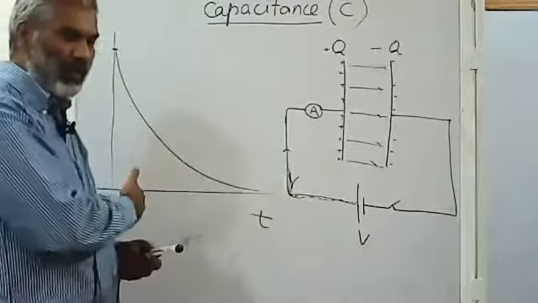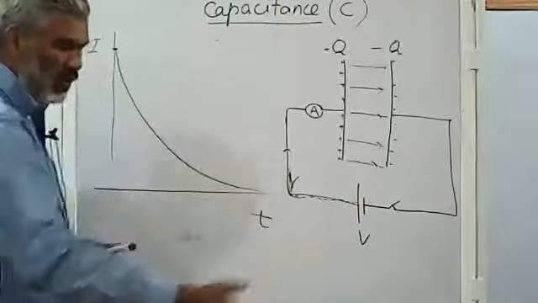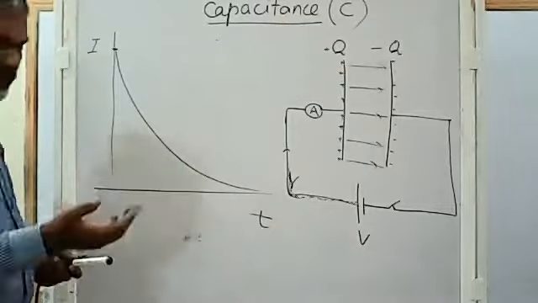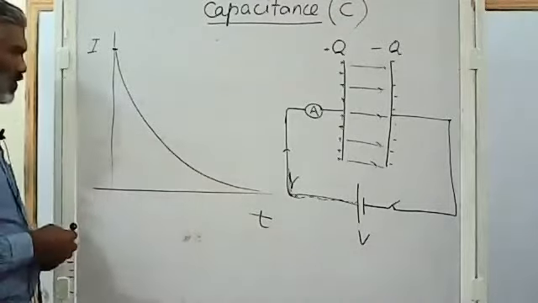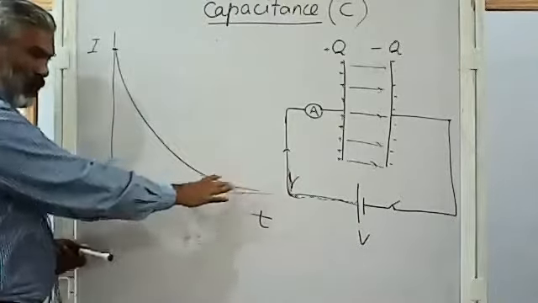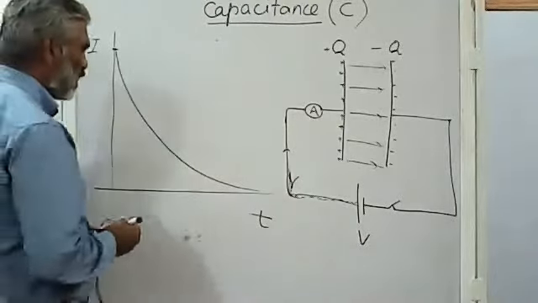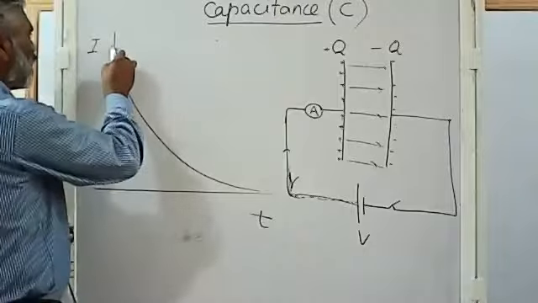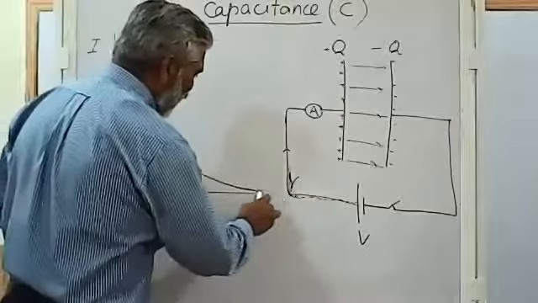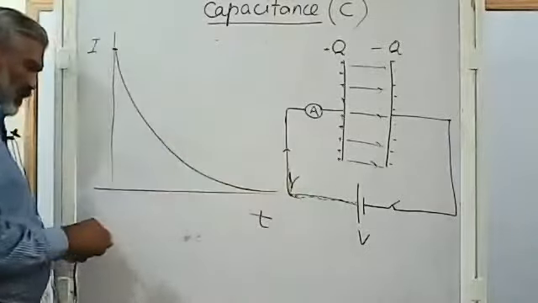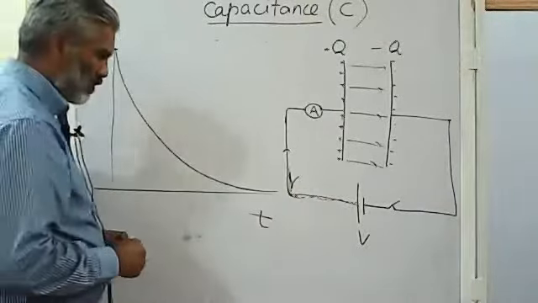What is the current in the beginning? And after this, how much energy will be lost? So we will learn those formulas which require those calculations. So this is a simpler graph, simply showing that current initially is large, it gradually decreases with time, and then after a long time, there is no more current in it.